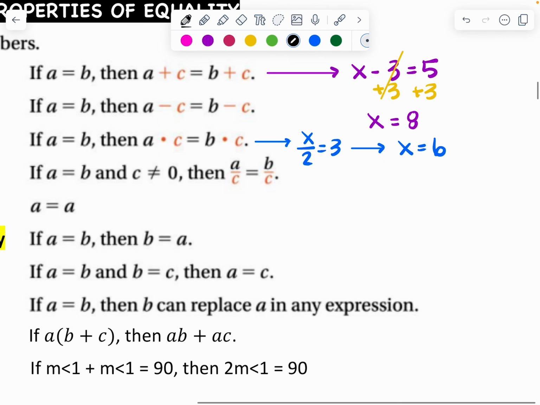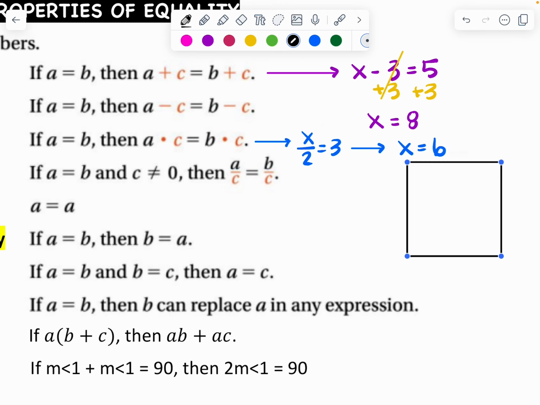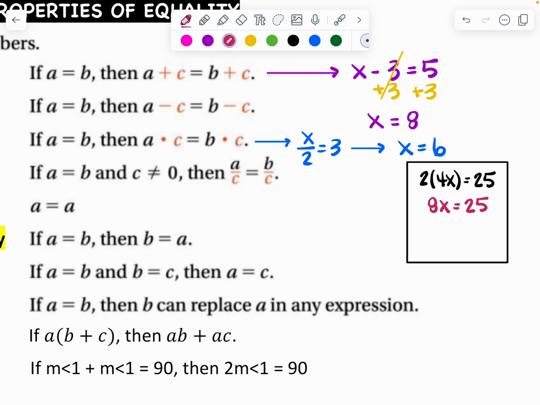Now, I am going to put a little box right here. I do want to make you aware that there is a difference between multiplication and the multiplication property. And what I mean by that is, let's say you have the equation 2 times 4x equals like 25. I'm just making up some numbers. The first thing that most of us would probably do in that equation is we would multiply the 2 times the 4x and we would simplify that to 8x.